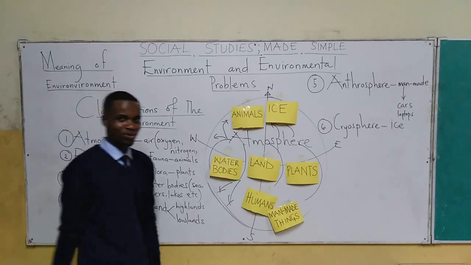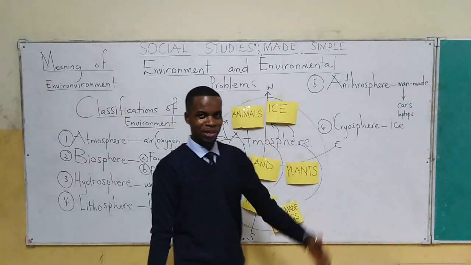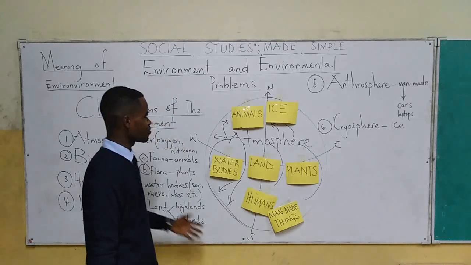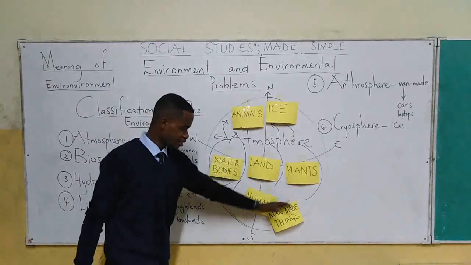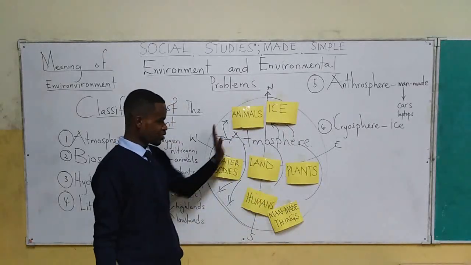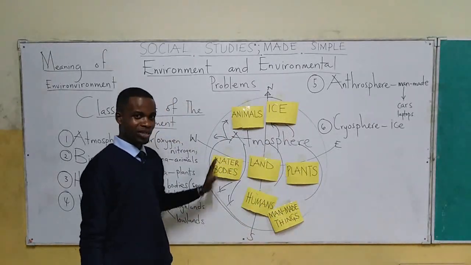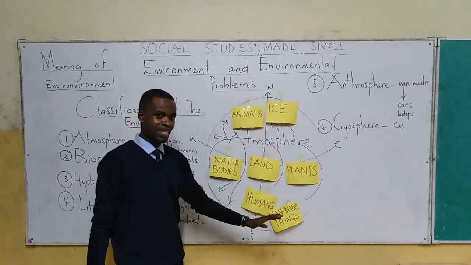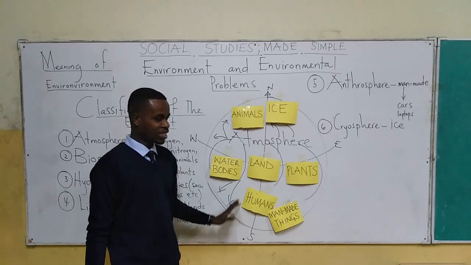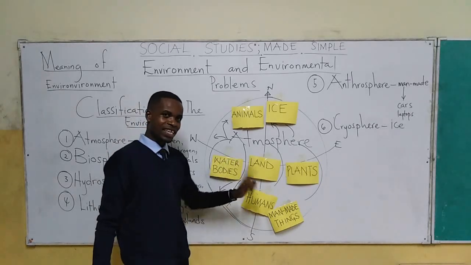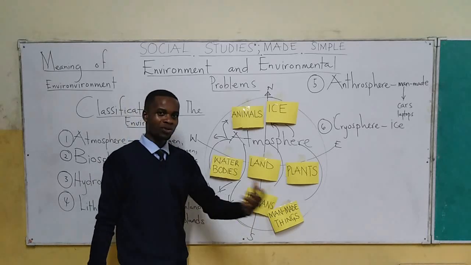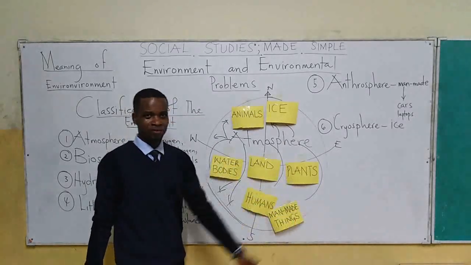In our next meeting, we're looking at the problems of the environment. As we've seen, humans are now controlling or dominating all these components, it means that the more they continue to use and dominate them, there is going to be excessive use, and probably people might think of storing them and preserving them for the future.